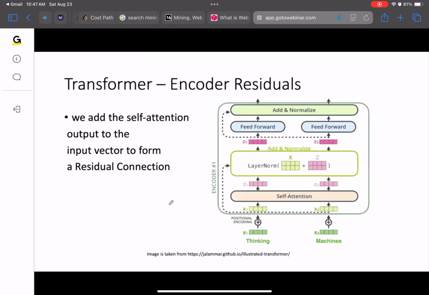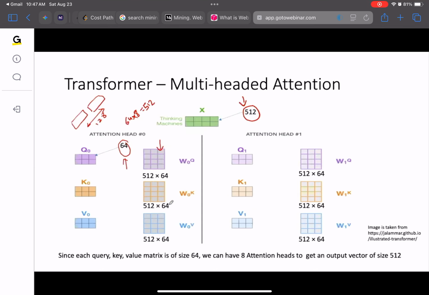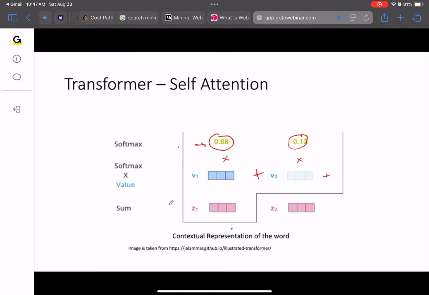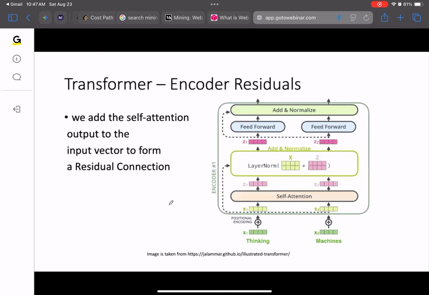Now, this covers the encoder portion. We saw how exactly self-attention is calculated and how the contextual representation is generated. Once this contextual representation is generated, we also have one more additional layer. There is a residual connection.